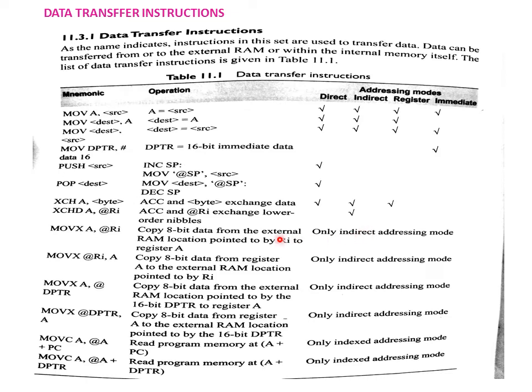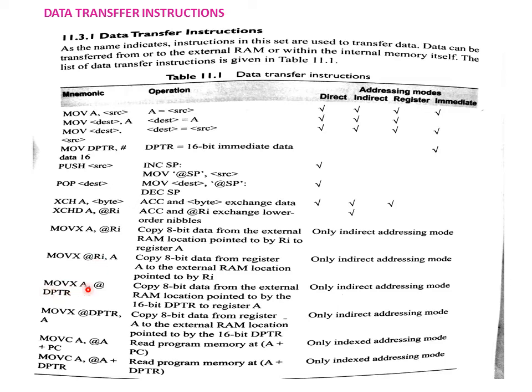So here the external RAM location address is identified by the Ri register, and that address location's data is going to be moved to the accumulator register. Next, MOVX @Ri comma A. I said already, MOVX is used for transferring RAM location data. So here the accumulator data is moved into the RAM location pointed to by the address in Ri. That is the meaning of this one.